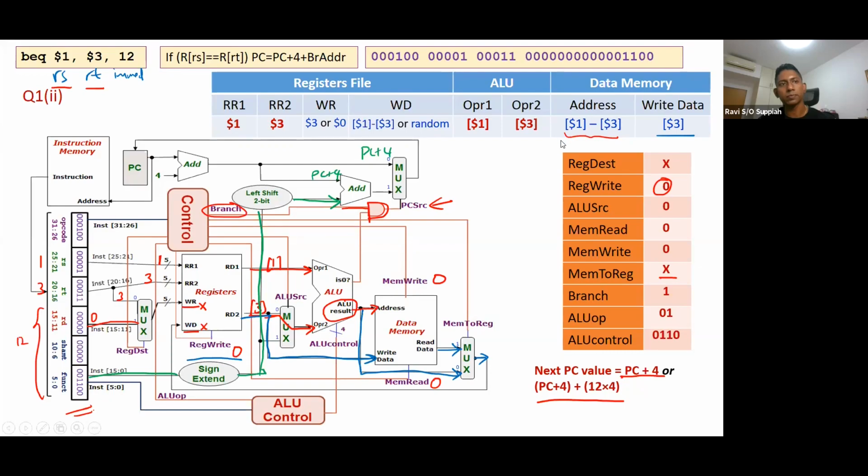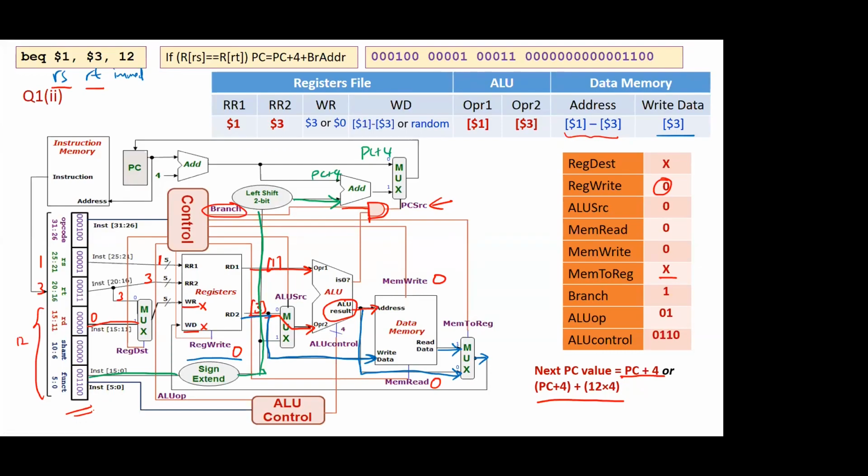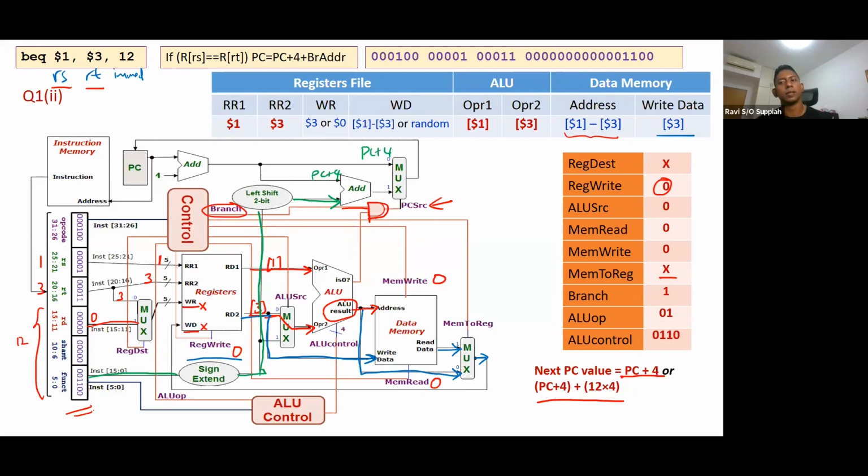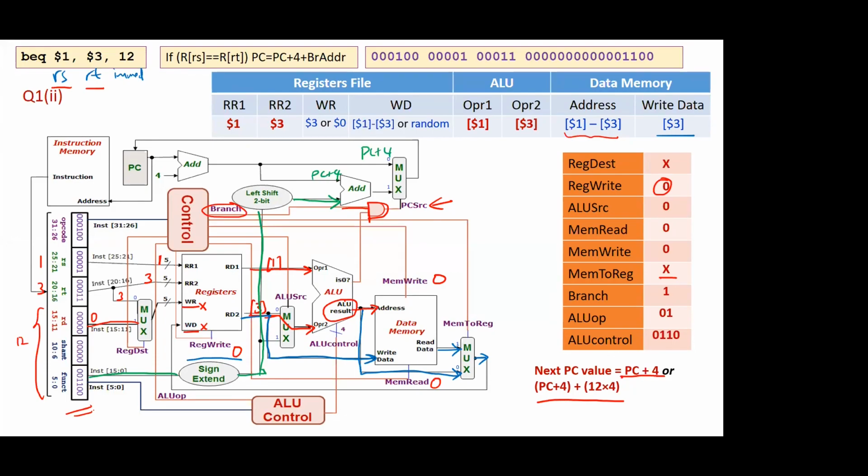For BEQ, my understanding is we compare the values in the RS and RT registers and do a subtraction. If the result is 0, the is-zero output is yes, then the branch is 1, so you feed it into the AND gate and it will be 1, right? So if it's branch not equal, how does it work?